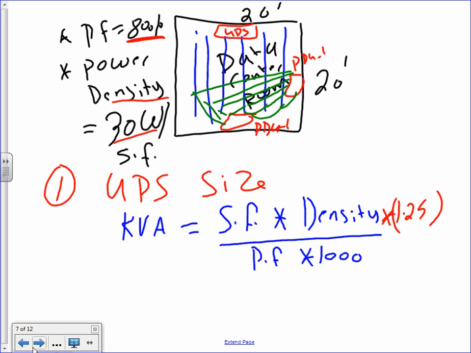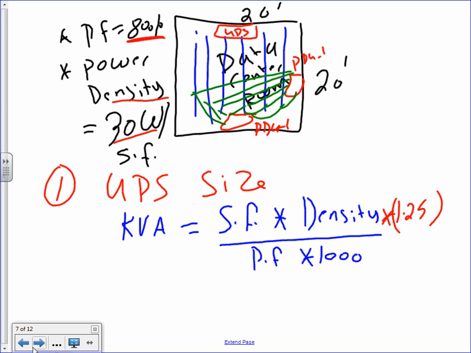All right, so here's what I do for the UPS size. UPS is sized in kVA. It's a big box. I take the square foot of the area of the computer room or data center, multiplied by the density, multiplied by 1.25 for continuous load, future expansion, whatever, divided by the power factor, and 100%.